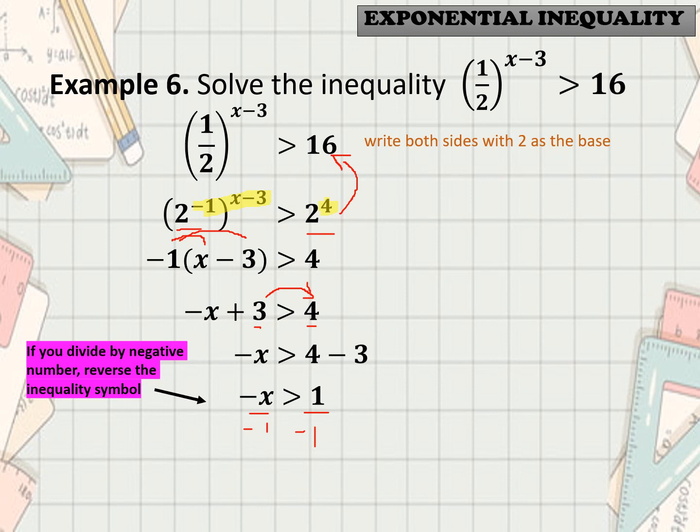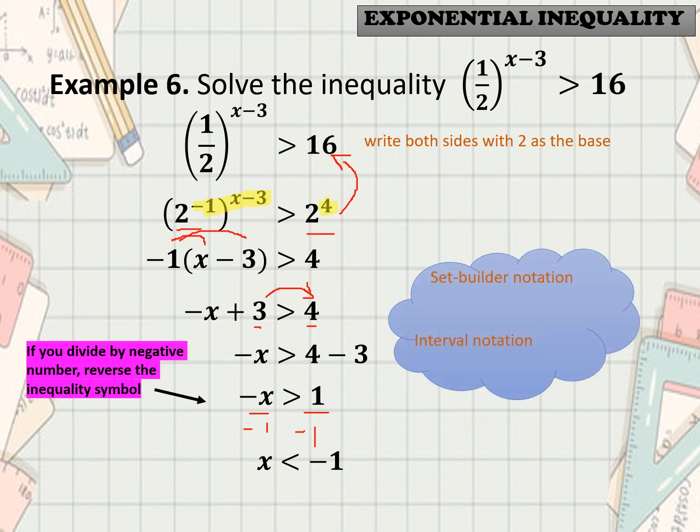So, kung ang ginamit dito is greater than, ang magiging answer natin is x is less than negative 1. So, again, tandaan, kapag nagdi-divide tayo ng negative number, marireverse ang ating inequality symbol. Okay, so ang ating final answer ngayon is x is less than negative 1. Mas mababa kay negative 1.